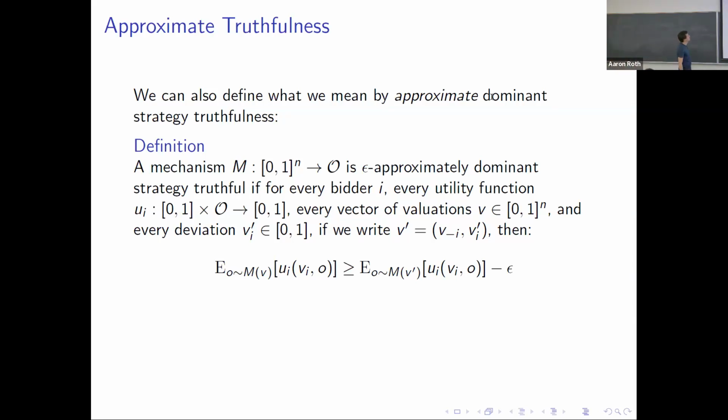So in general, we'll think of utility functions as mappings from, on the one hand, a private type, like how much you value the item, a number between 0 and 1 in this case, and the outcome chosen, like the price I end up selling the item for. They map these two objects onto a number between 0 and 1, how happy you are with this outcome.